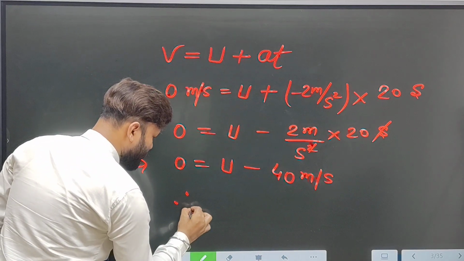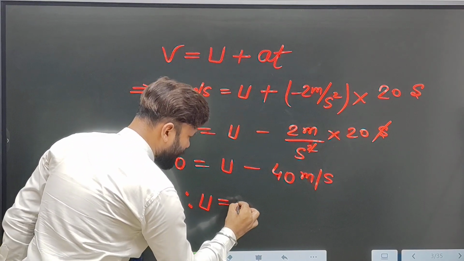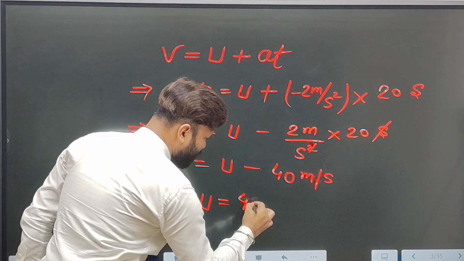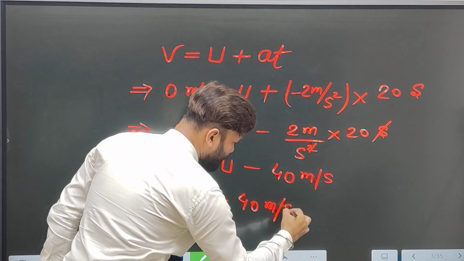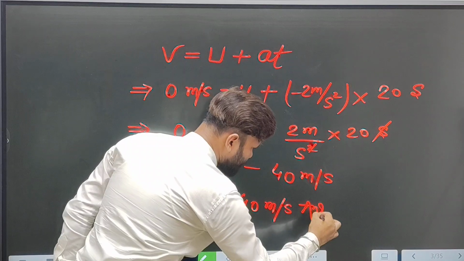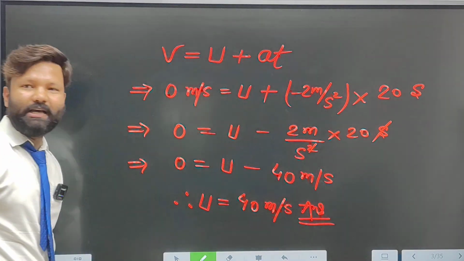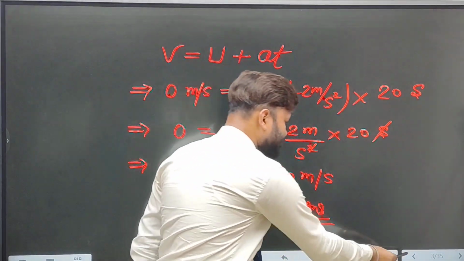So the initial velocity u we have calculated is 40 meter per second. This is the answer of the first question, students.